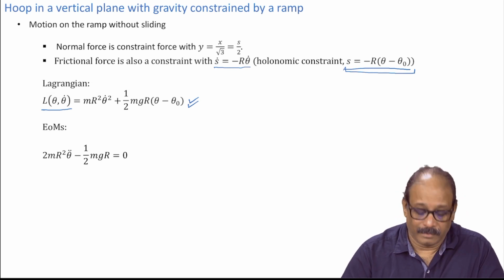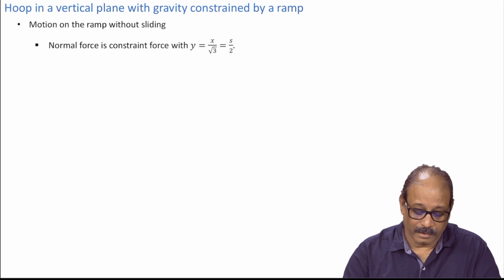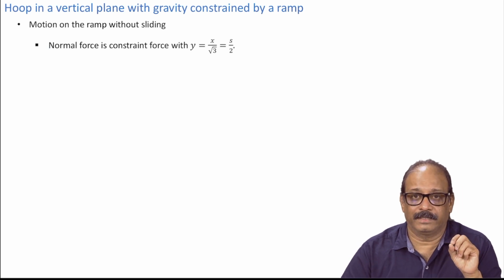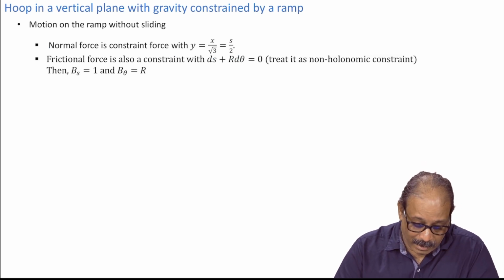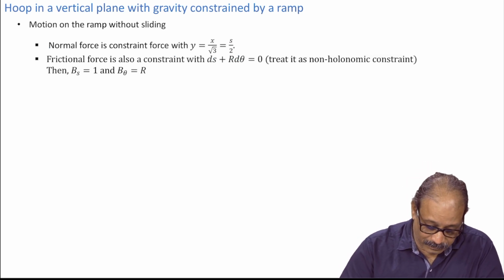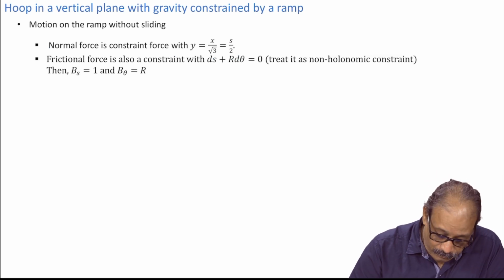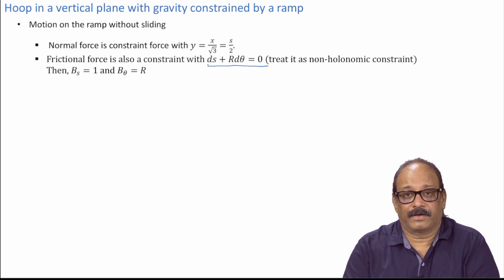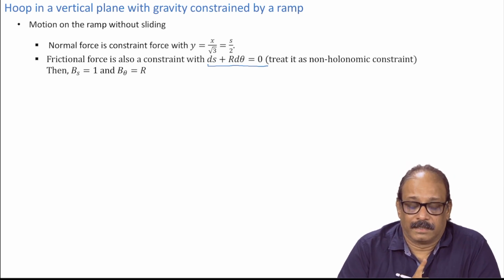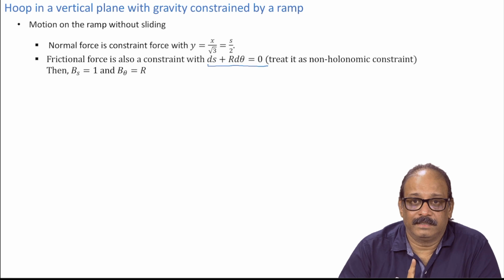Now, finally, I will also treat the same constraint as a non-holonomic constraint. Remember the definition of Pfaffian. So, now I will write this constraint in the Pfaffian form. It is ds plus r d theta is equal to 0.